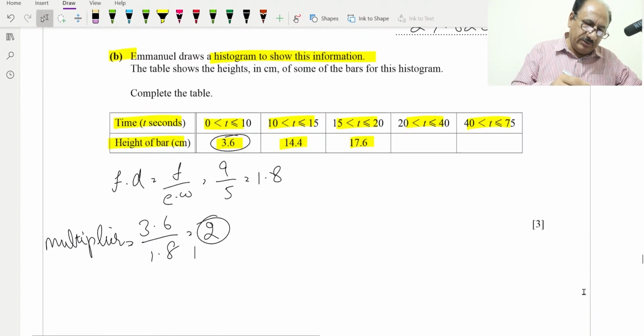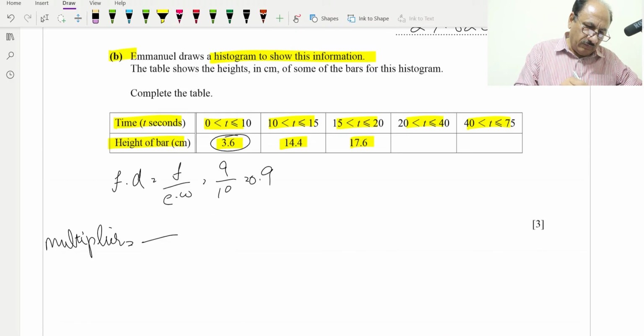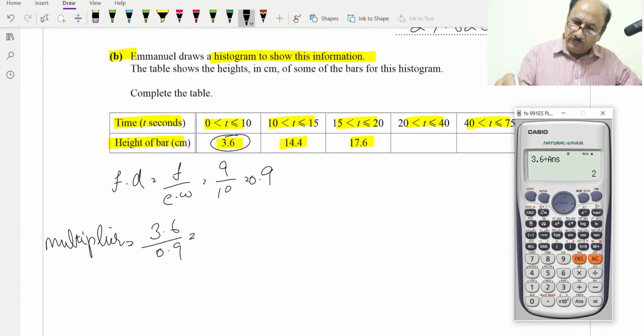So instead of mid range we have to take class width, which is 10. So this will be 9 divided by 10, so this will be 0.9 basically. This one, 3.6 will be divided by 0.9. This will be equal to 4. 3.6 divided by 0.9 will be equal to 4.